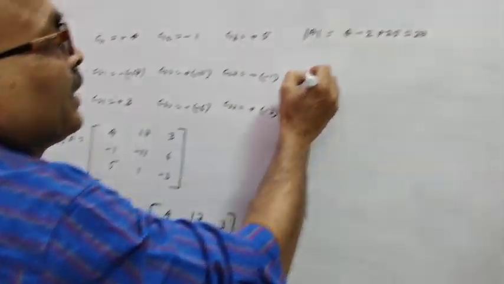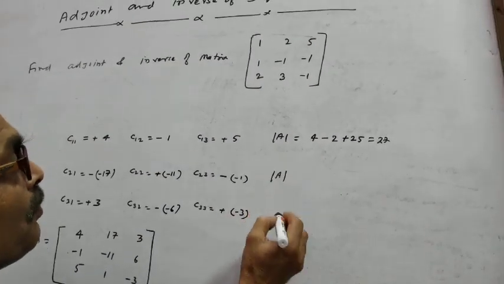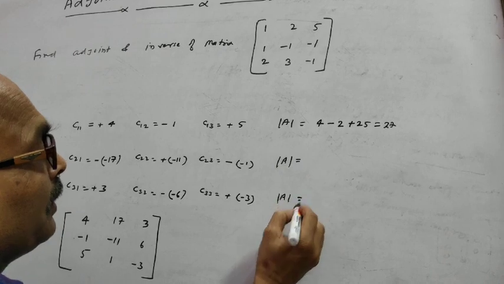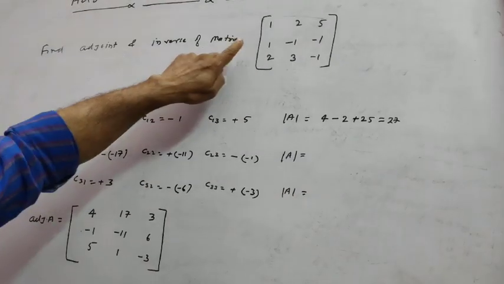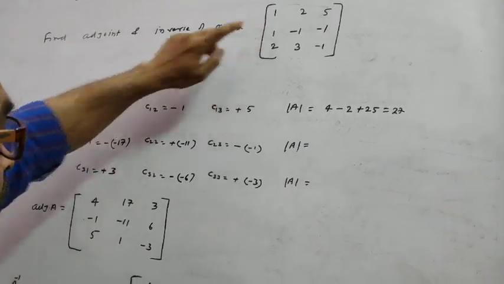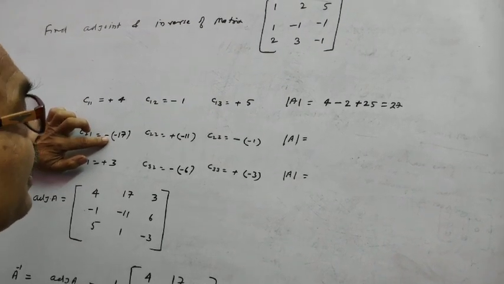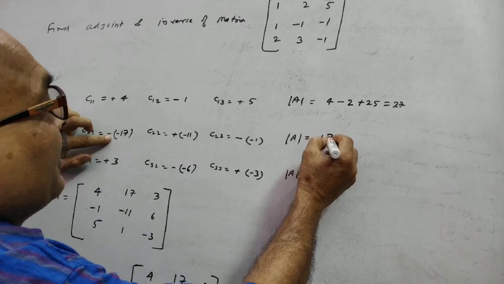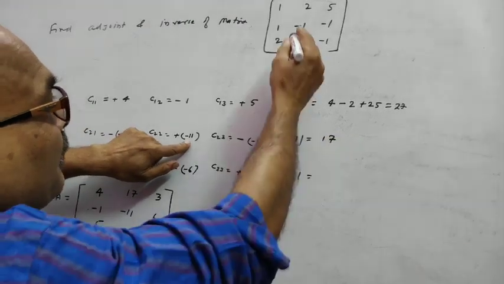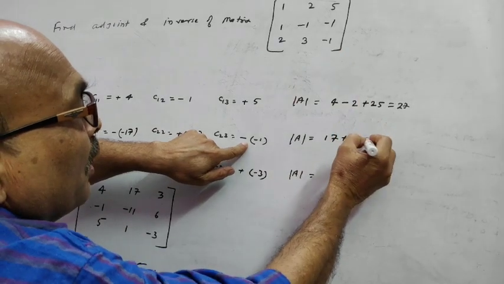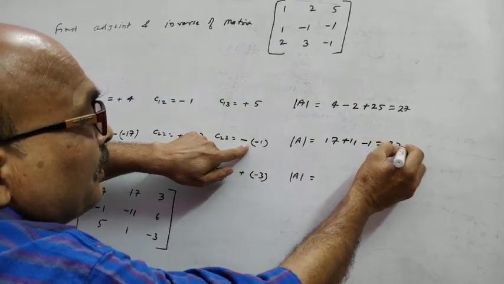Also you can check the determinant from the second row and third row. This will be the same. From the second row, minus into minus plus 17 into 1, 17, minus 11 into plus 11, or minus 1, means 27.